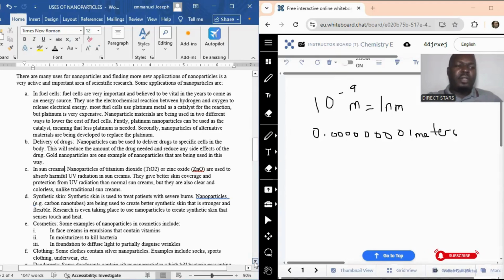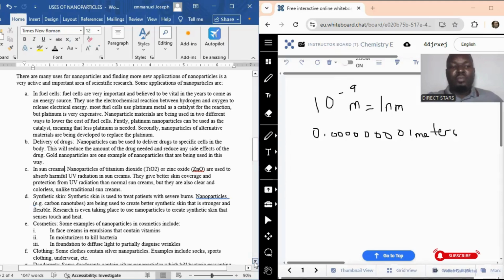We have synthetic skin that is used to treat patients, whether with first or second degree burns, when people experience things like this. They lost their skin.